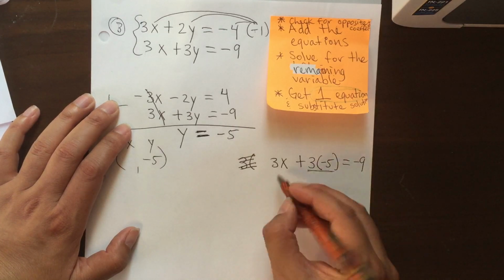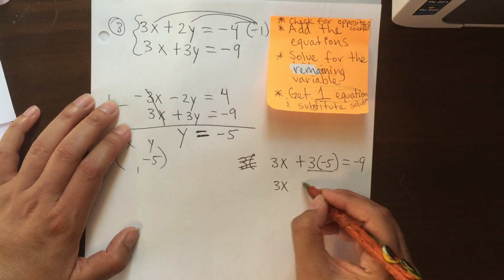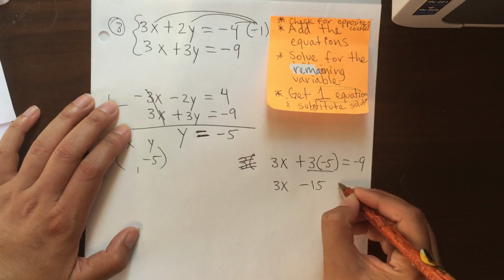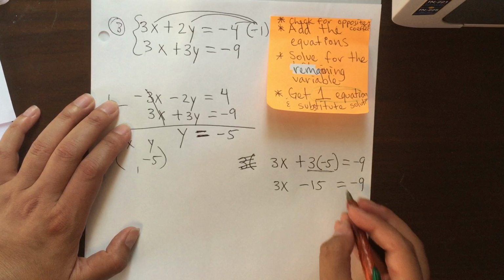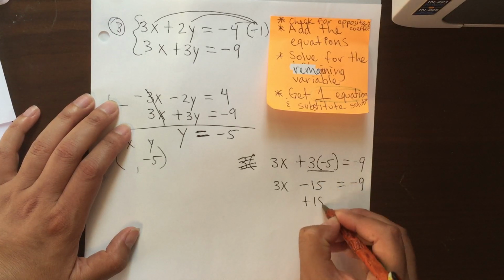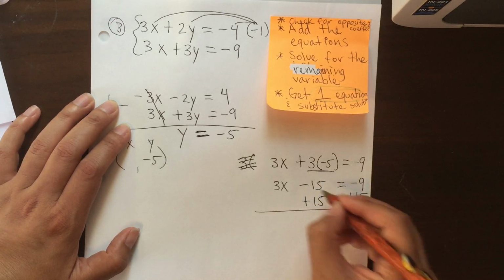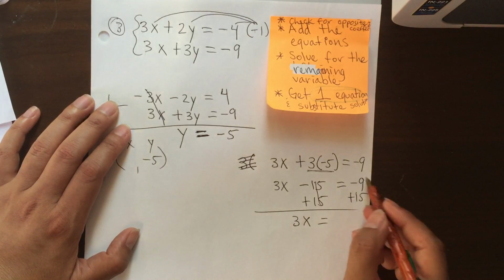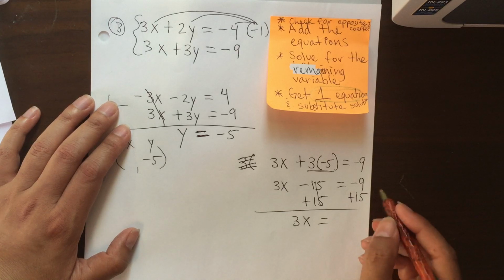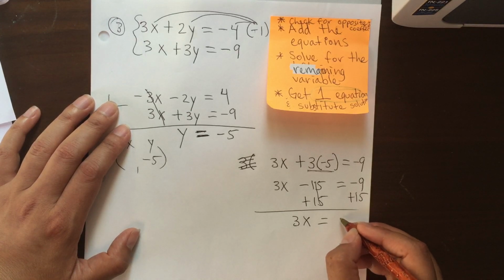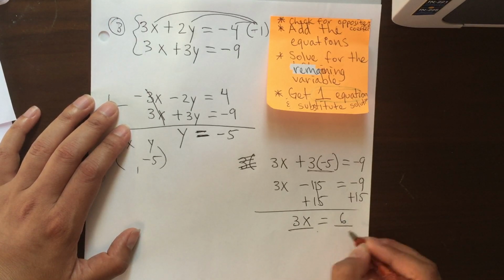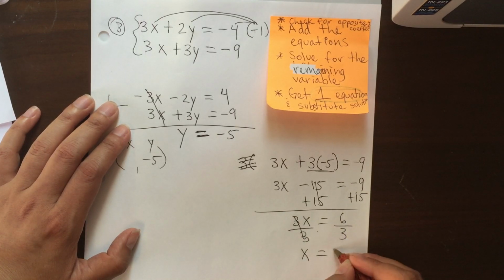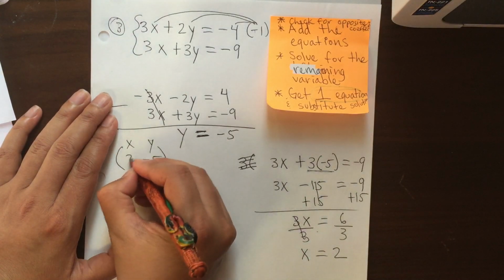I multiply, and so 3x +3 times -5 is -15 equals -9. I cancel by adding 15 to both sides, and so 3x is equal to, if I owe $9 but pay 15, that means that I end up with $6. I divide both sides by 3, and so my x is equal to 2.